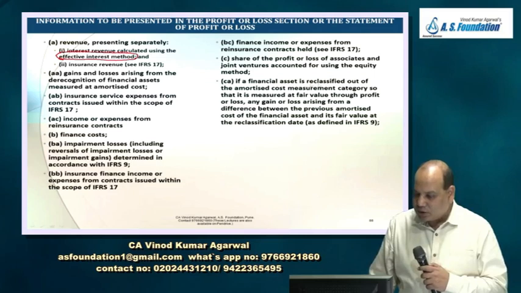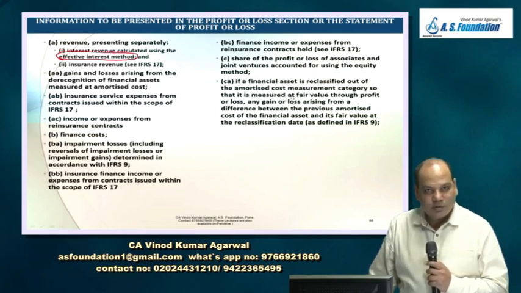If a financial asset is reclassified out of the amortized cost measurement category so that it is measured at FVTPL, earlier it was amortized cost category, now it is FVTPL. Any gain or loss arising from a difference between the previous amortized cost of the financial asset and its fair value at the reclassification date will be charged to or credited to profit and loss section.